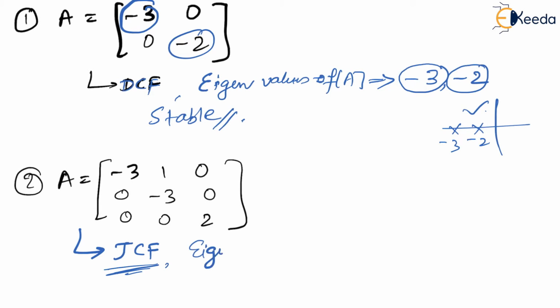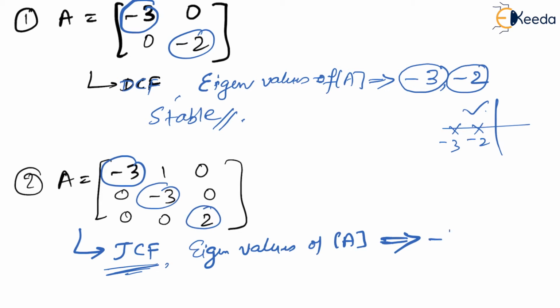Now what are the eigenvalues of matrix A? Yes, definitely they are going to be minus 3 and 2. So eigenvalues are minus 3 and minus 3, and 2. If you try to plot them on the S plane, you get minus 3 with 2 poles over here, and 1 pole over here, which is 2.